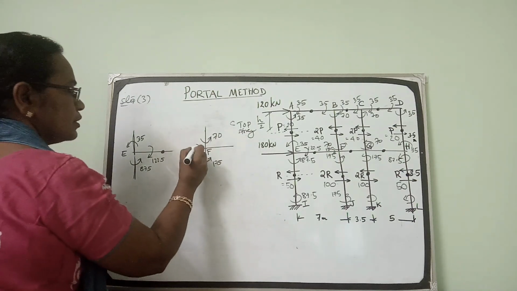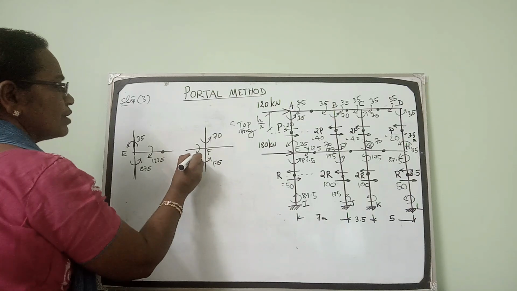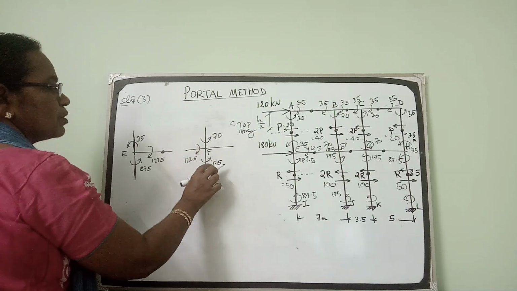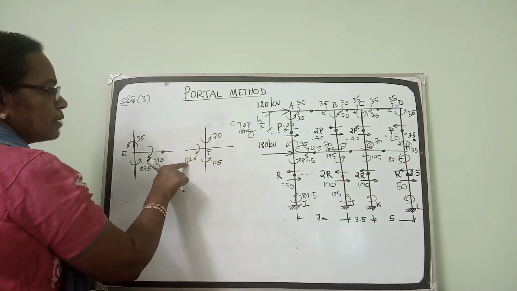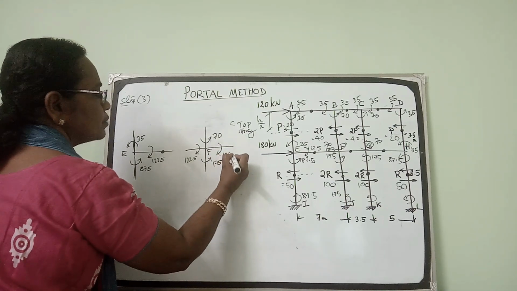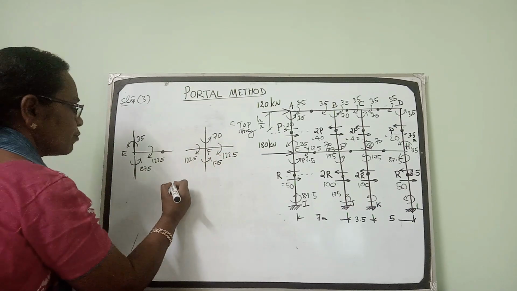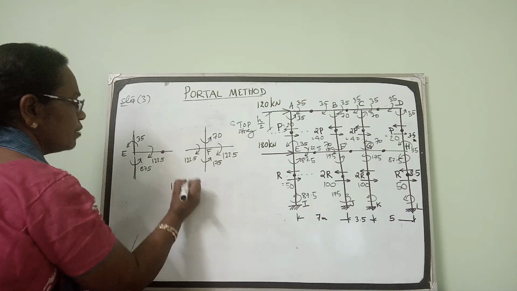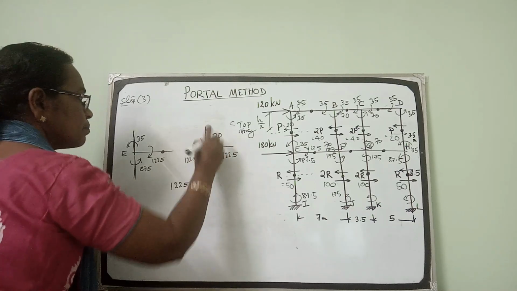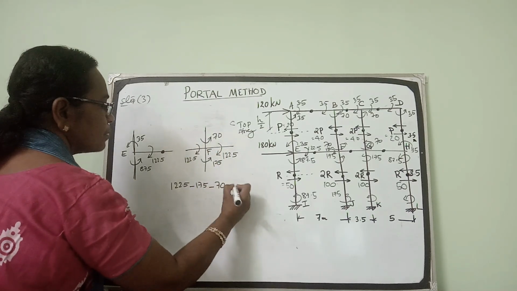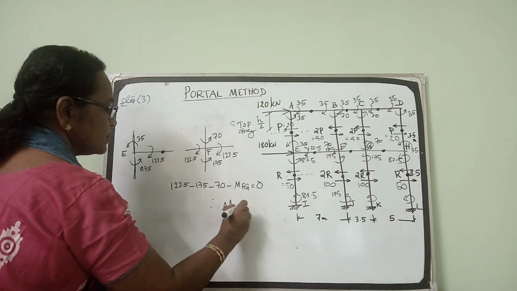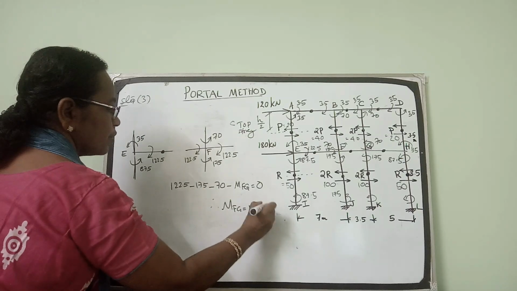FG, see here the value is 122.5 clockwise. 175 plus 70, total unbalanced moment in the column is 245, minus this 122.5, this will work out to clockwise moment 122.5. Write the equation if you want: 122.5, this moment, minus 175 minus 70 minus MFG is equal to 0. Therefore, MFG is equal to 122.5.